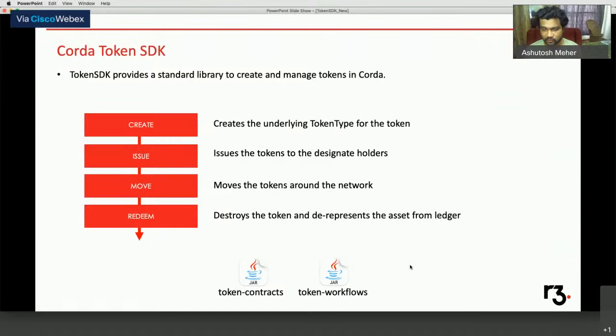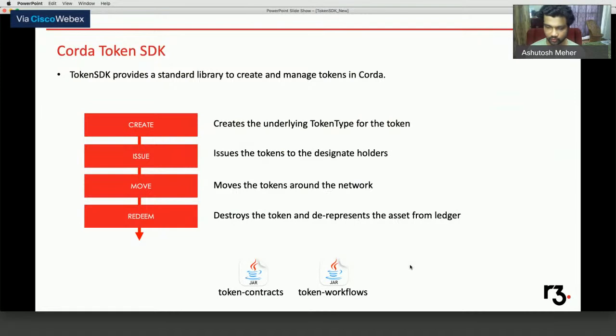So what exactly is Token SDK? It's nothing but two CorDapps, which is the token contracts CorDapp and the token workflows CorDapp. Now, for people who had been working from tokens 1.0, you might have heard of two more CorDapps, which is the token money and token selection, which contained some of the money definitions and some of the coin selection algorithms.